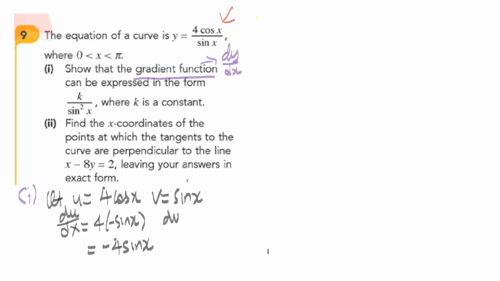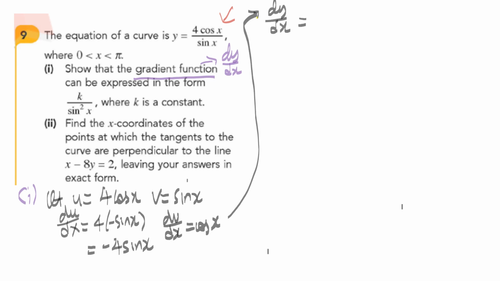And if you differentiate sine x, you would get cos x. So the next step is to write down the formula to apply the quotient rule to find your dy over dx. That is v du over dx minus u dv over dx, over v squared.